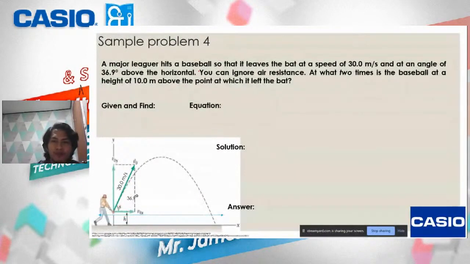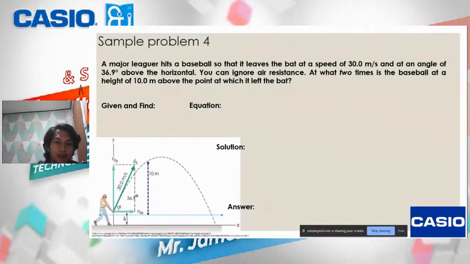So, we need to identify the time at which our ball reaches 10 meters from the level where it was hit. Let's say, for example, this is our level. We need to identify the time when it is here, 10 meters.